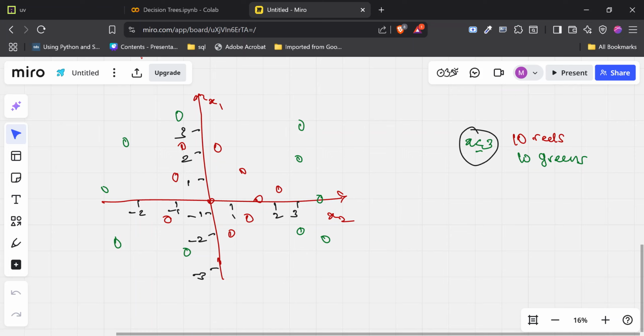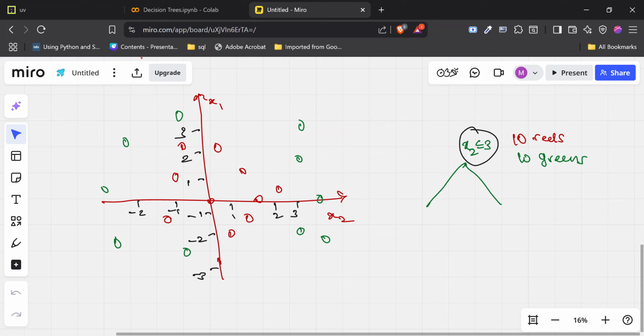So that's going to be X2. So this is X2 less than or equal to 3. Let me write that properly so it makes more sense. X2 less than or equal to 3. So if we draw a line inside this, X2 equals 3. So let me draw the line of X2 less than or equal to 3.